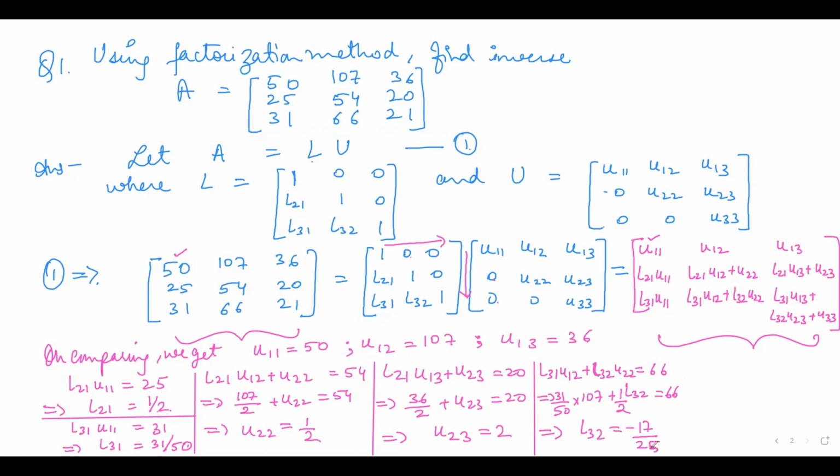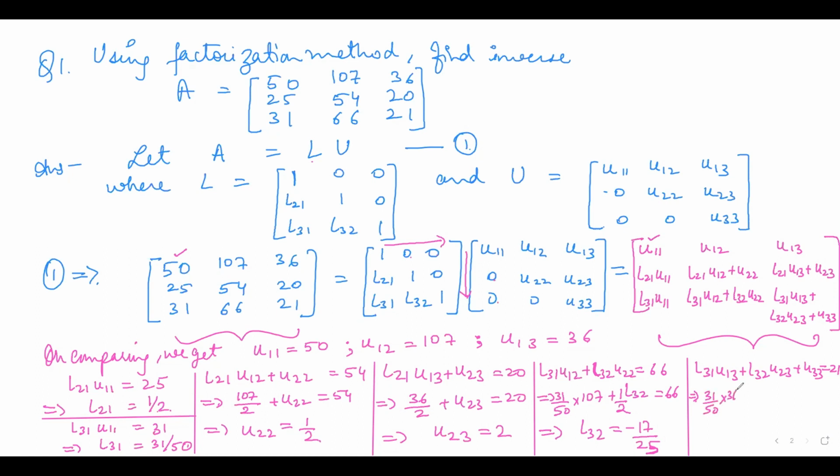And lastly, I'll be calculating the value. This is L31 U13 plus L32 U23 plus U33 is equal to 21. So substitute all the values that we have calculated up till now. L31 is 31 upon 50.